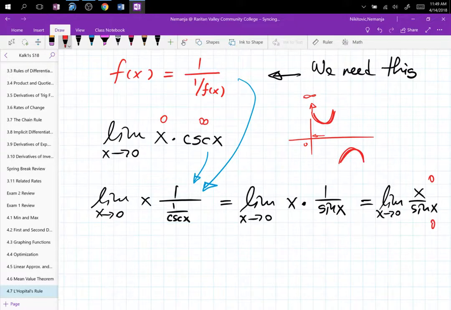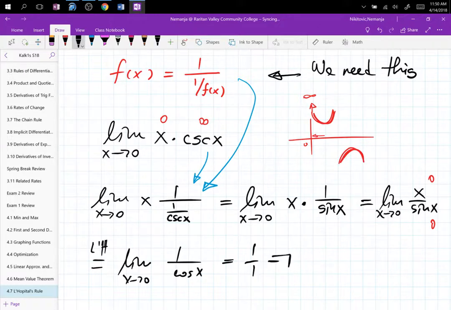You see, we used the transformation of 1 over 1 over f to change it from 0 times infinity into, in this case, 0 over 0. So now we can do the L'Hopital. We get the limit as x goes to 0 of 1 over cosine x, which is 1 over 1, which is 1, just like in our previous example.